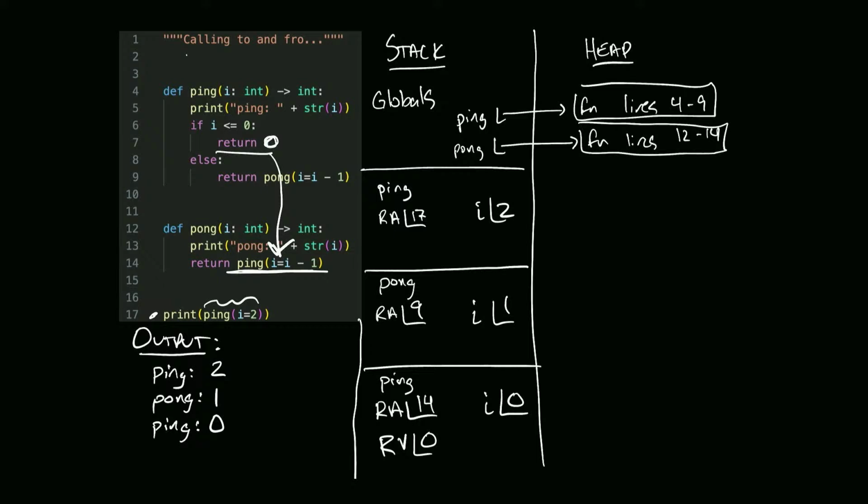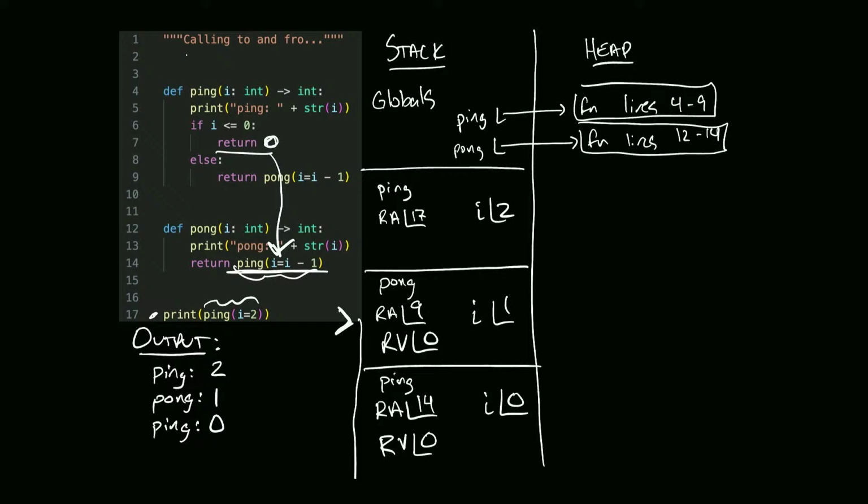But notice that our current frame, the lowest frame on the stack that is yet to return, well, this frame returned, so now we're back in this frame, right? And so now what we're saying is this return value is also going to be 0. This call to ping resulted in a value of 0, and we're going to return that result, so it's going to be 0.